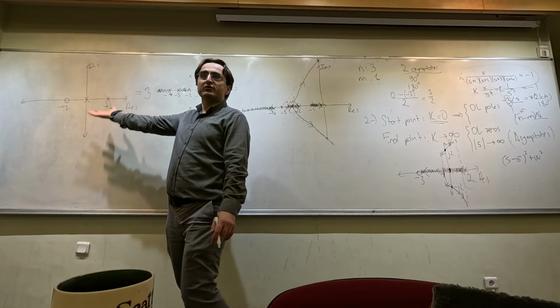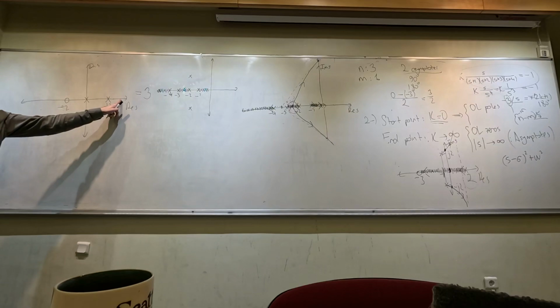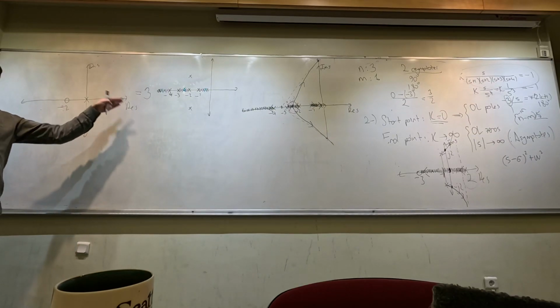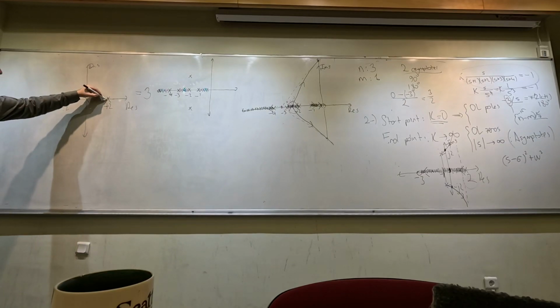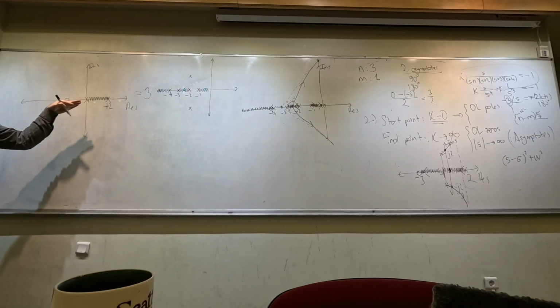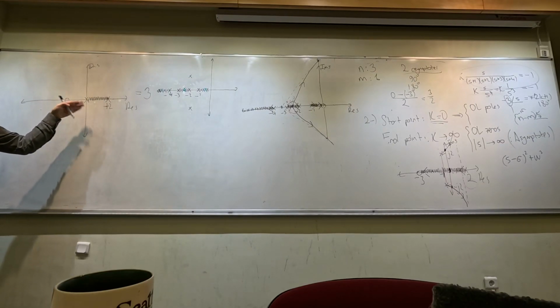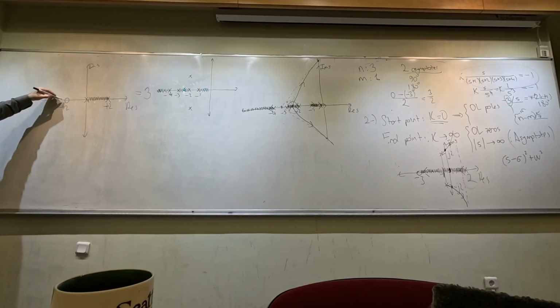So let us fill in the real axis part. Do you think this part of the real axis is going to be filled? No, the total number is 0. What about this interval? It is going to be included here, okay? And what about this interval? The total number of open loop poles and zeros to the right is 2. It is even, so this interval will not be included.